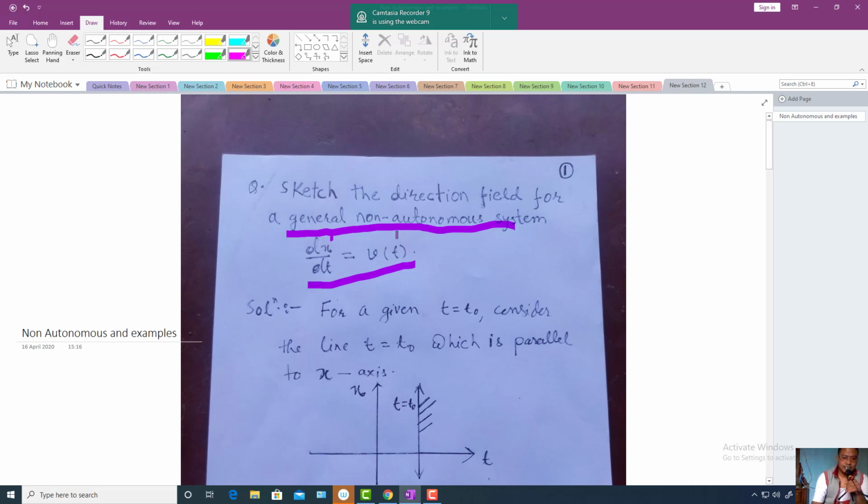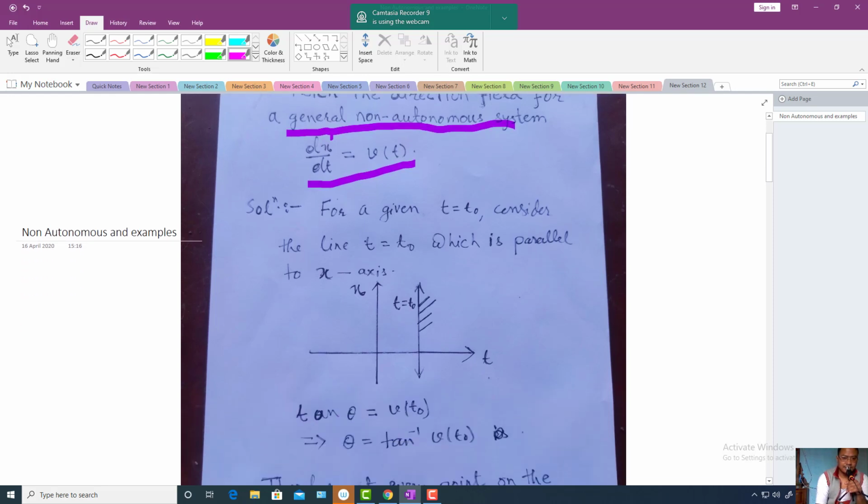For a given value of t, say t is equal to t naught, consider the line t is equal to t naught. This is the x-axis and this is the t-axis. This is the time axis and this is the phase line, or phase space axis.